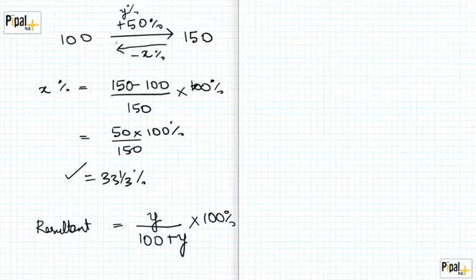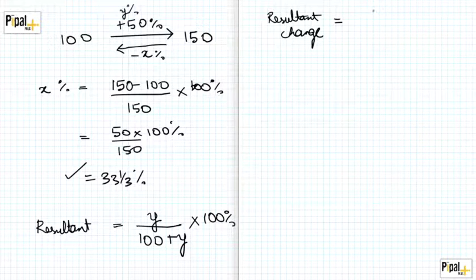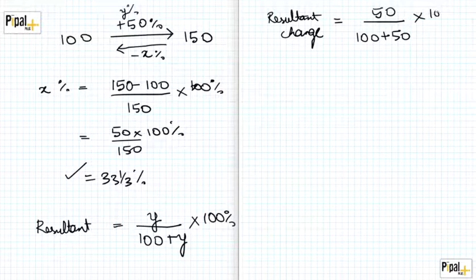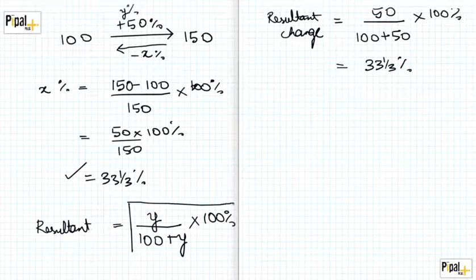So if I were to calculate for this example, I increased 50% previously, then the new base has become 100 plus 50, times 100%, which gives us 50 upon 150, 33 1/3%. So this is the formula that we are going to use to calculate the percentage change to come back to the original starting point.